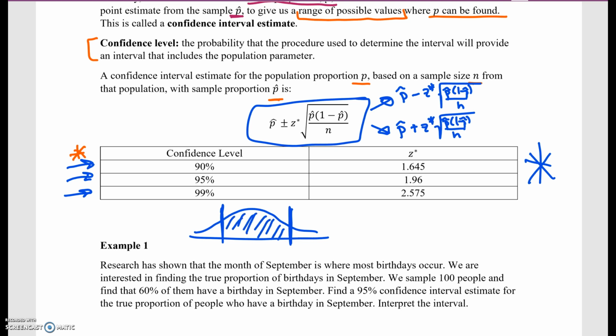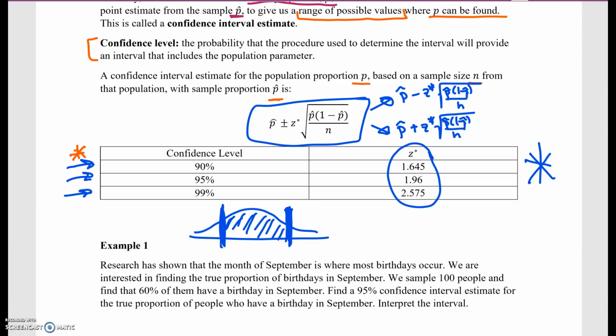Well, how far are my upper and lower bounds from my p hat? This z is just basically a multiplier. It tells you how many standard errors or standard deviations I am away.